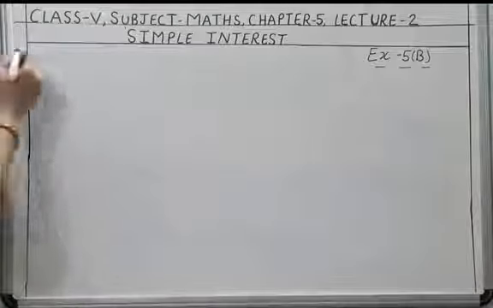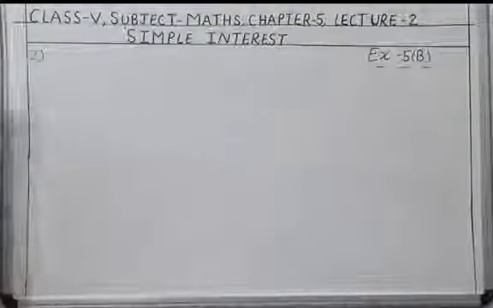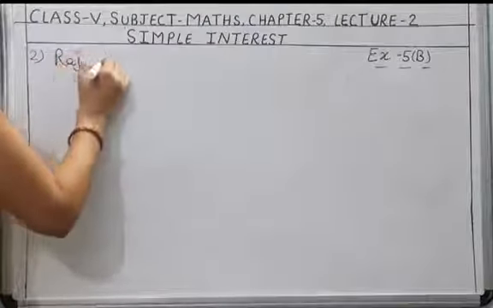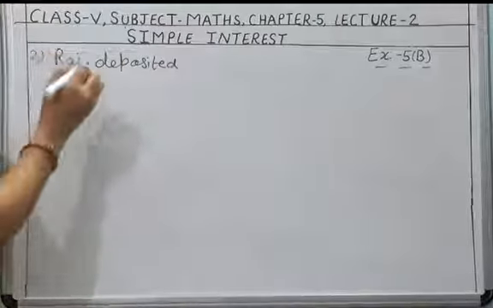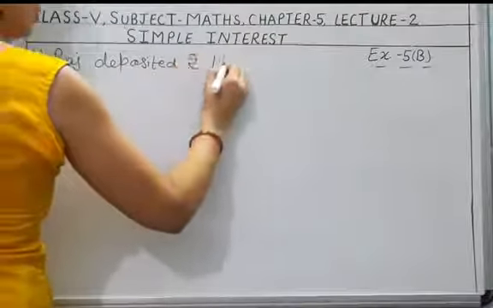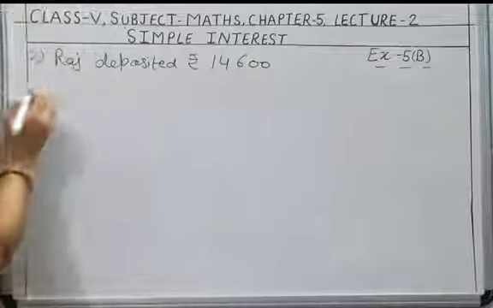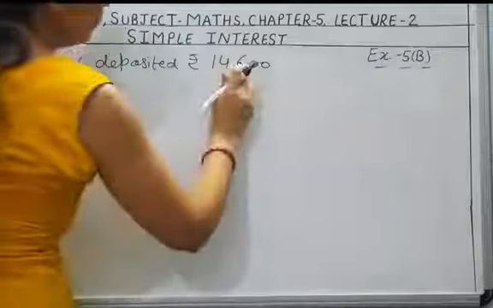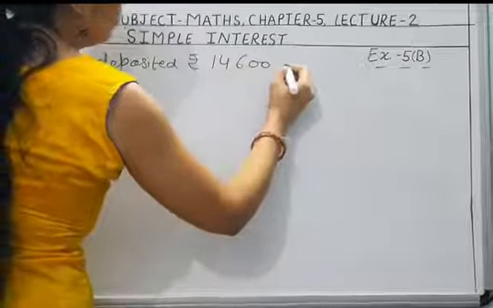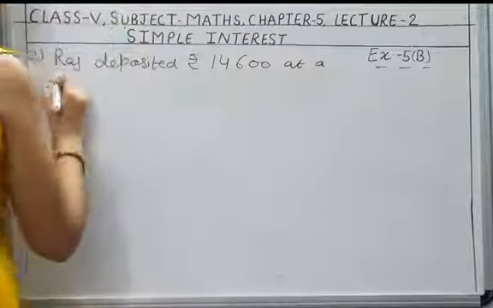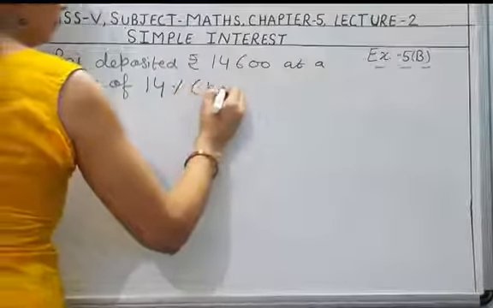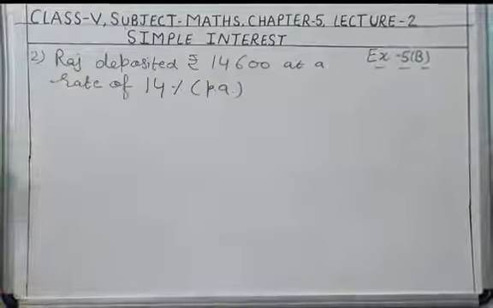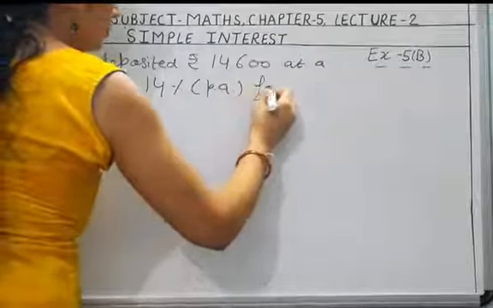Now question number 2 of exercise 5B. Raj deposited rupees 14,600 at a rate of 14% per annum for 175 days.